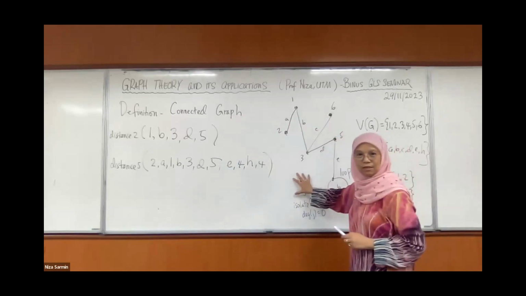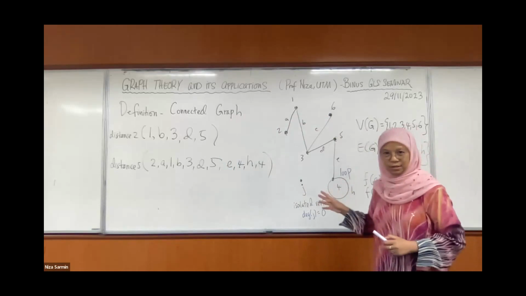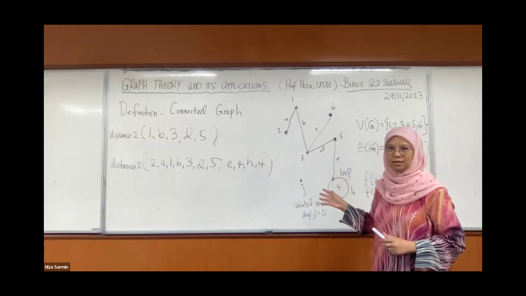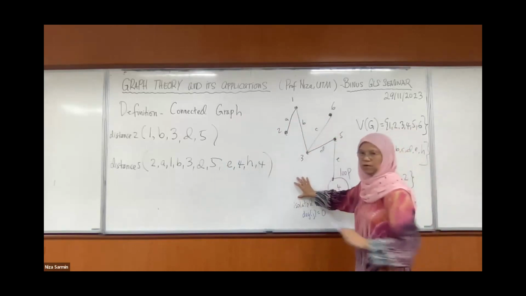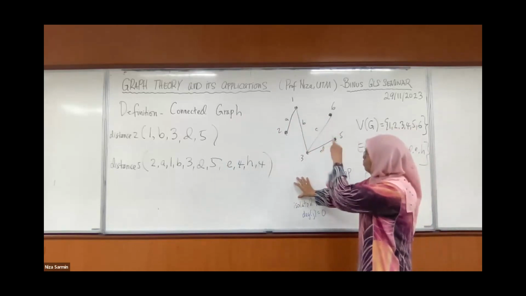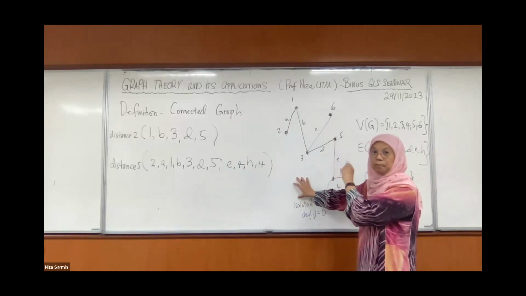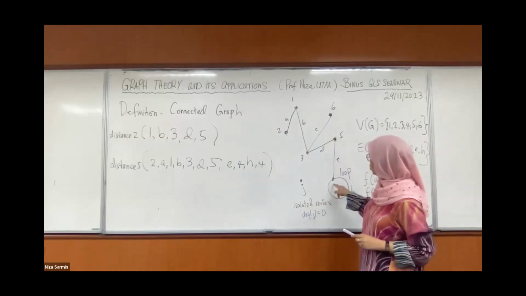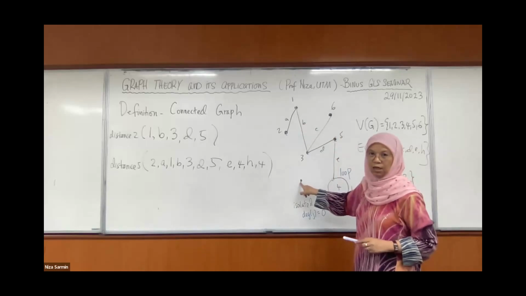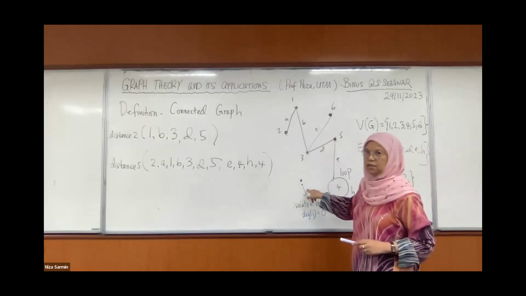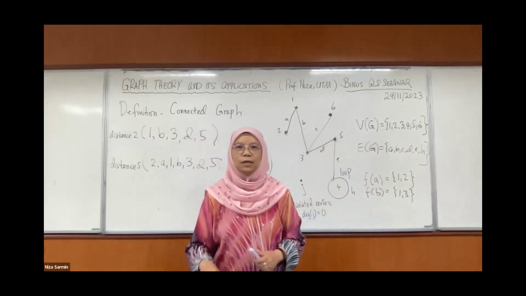Without J, this graph is connected because every vertex is adjacent to another and there is a path. With J, since there is no path from this graph to J, the graph is disconnected. So connected graph versus disconnected graph.